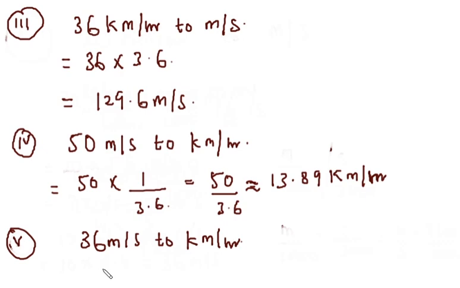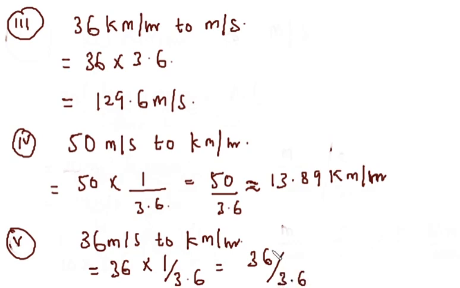Like we did before, we're just going to say 36 times 1 over 3.6. So this is equal to 36 divided by 3.6, which is equal to 10 km per hour.